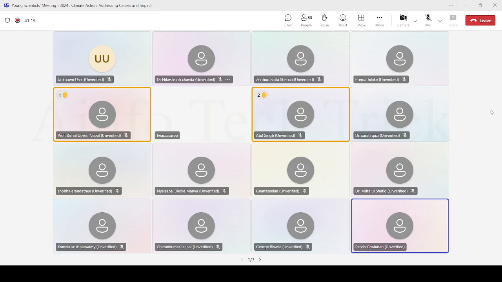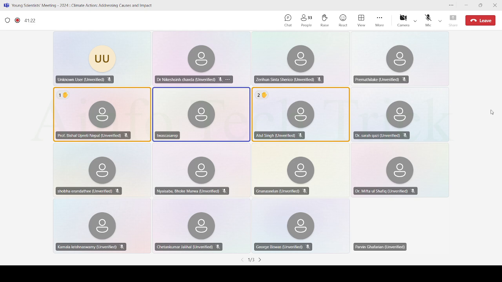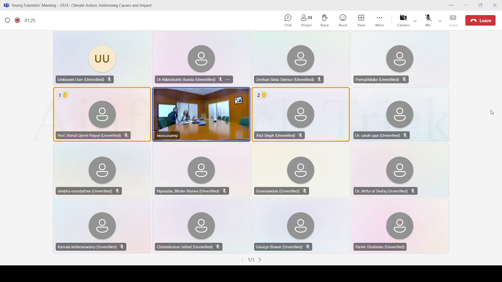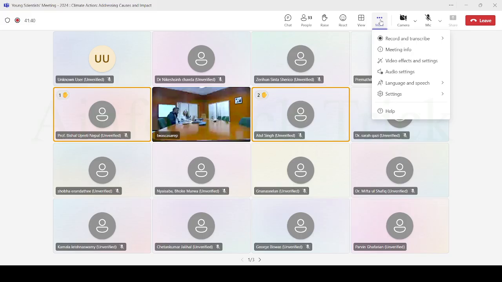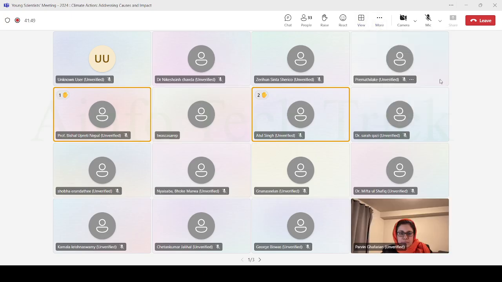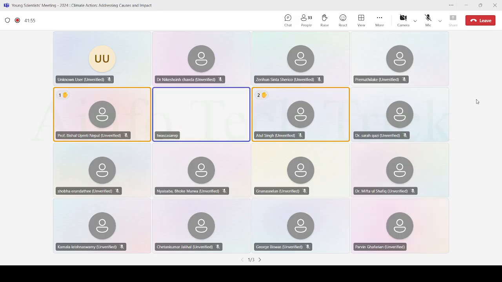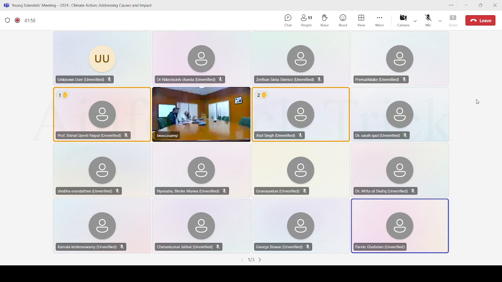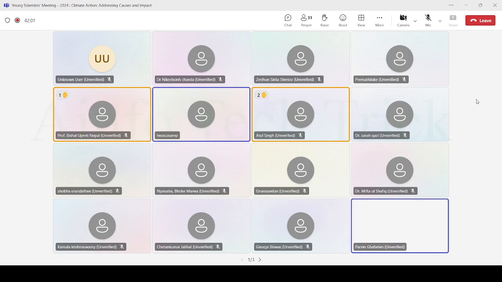Sorry, I can't share my desktop. Can you see it on the right hand side? Have you connected through the browser or the application? I connected through the browser.